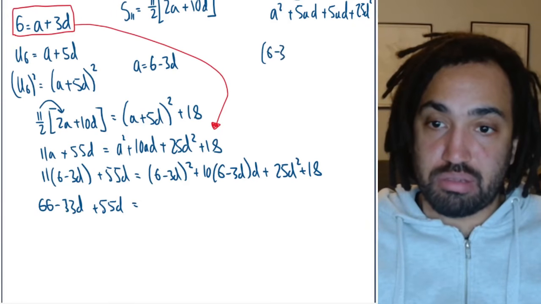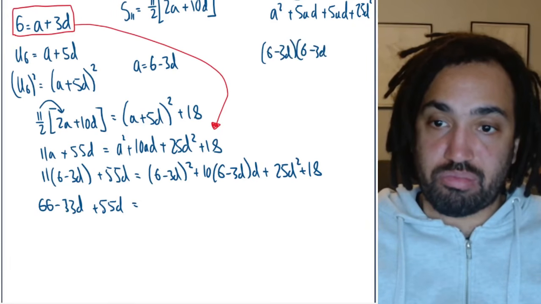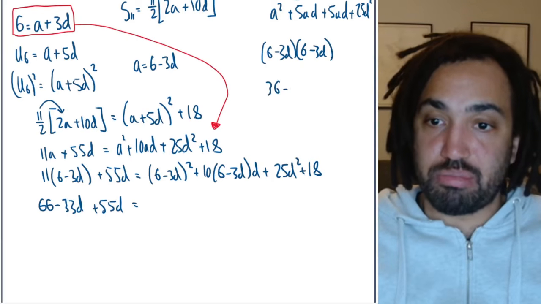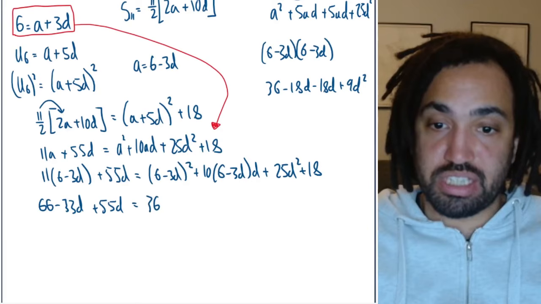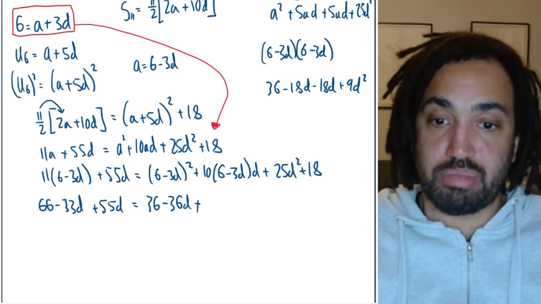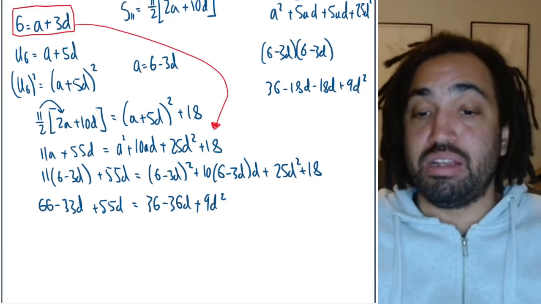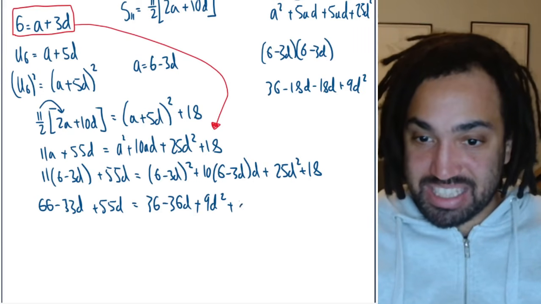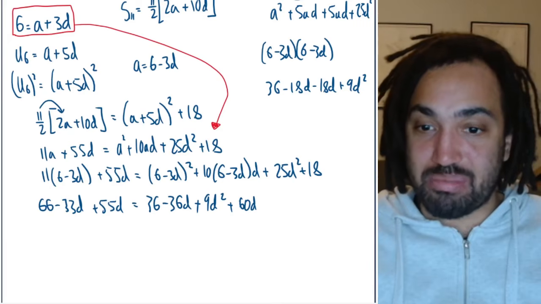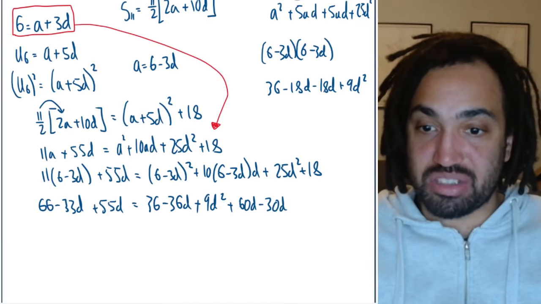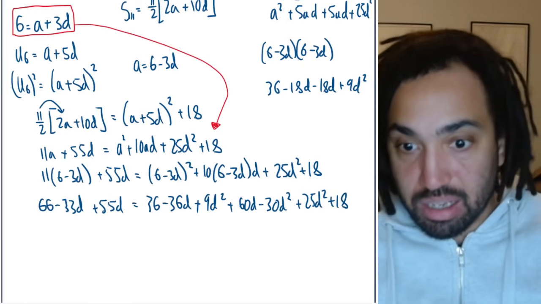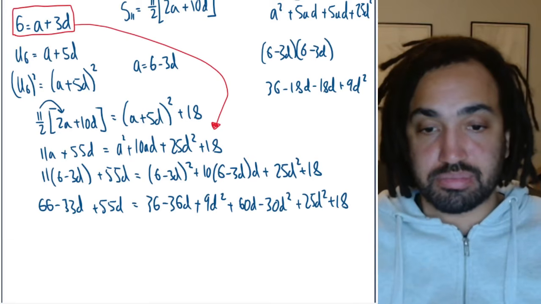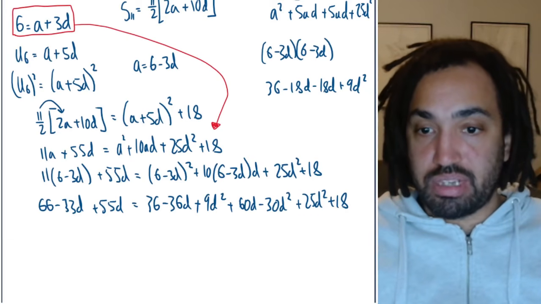I'll do that up here as well. So that's going to be 36, minus 18d, minus another 18d, and then plus 9d squared. So that is 36 minus 36d plus 9d squared. Multiplying this out is going to give me 60d, and minus 30d squared plus 25d squared plus 18. Wowza. Okay.